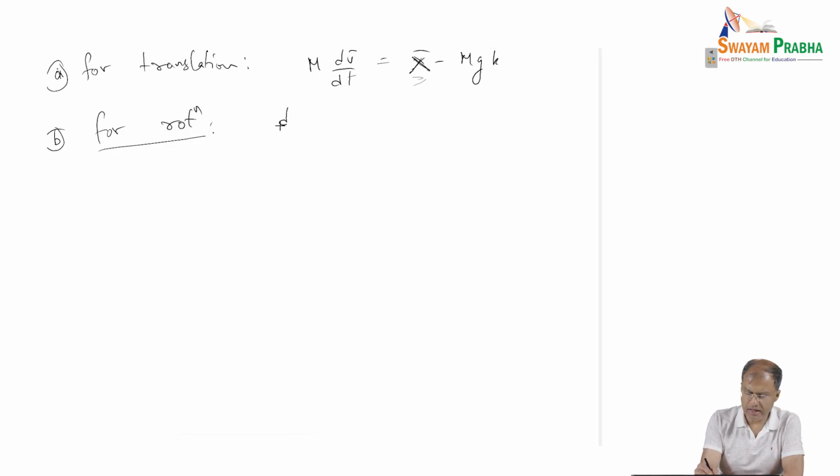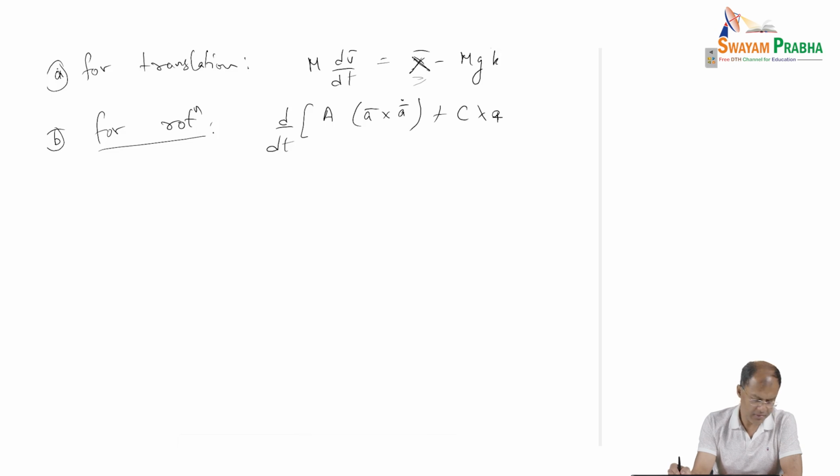The rate of change of angular momentum, d/dt of a times A cross A dot plus c times lambda A, is equal to minus bn cross X, where b is the radius of the wheel, and X is the force which is providing the torque about the center of mass axis, the G axis, right?